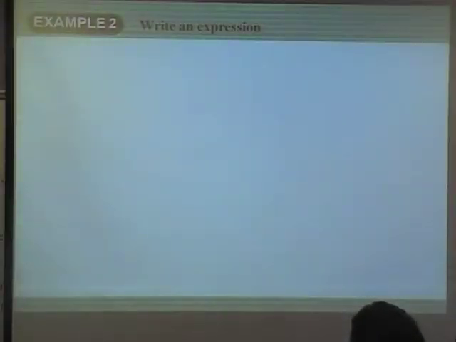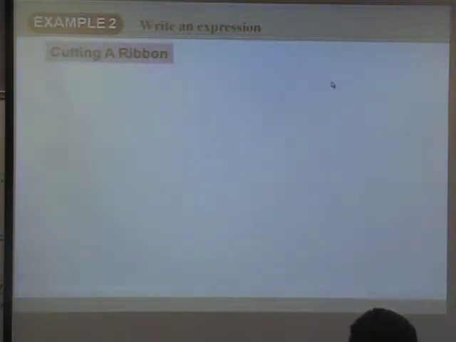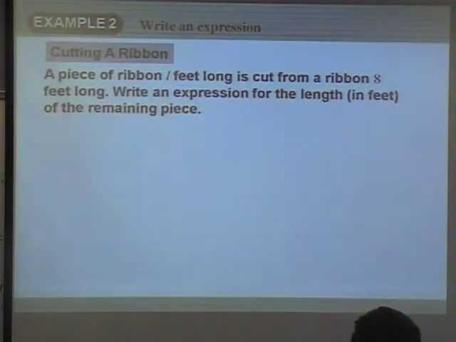Example 2. A piece of ribbon L feet long.